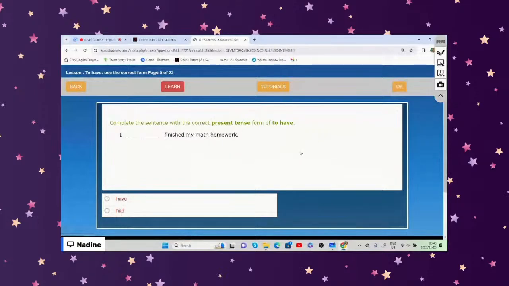Let's do one more and then we're ending our class. We need to complete the sentence with the correct present tense form. It says, I have finished my maths homework, or I had finished my math homework. Which one is in the present tense?